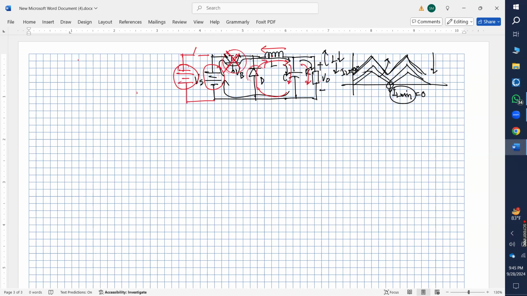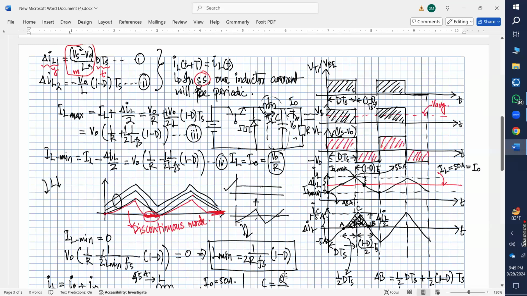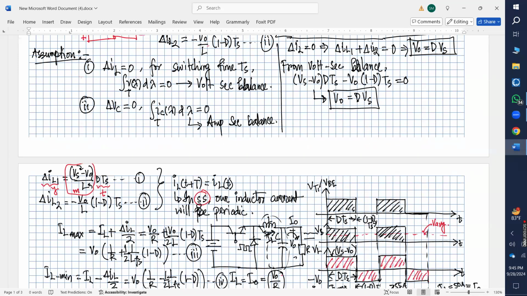Sir, the current through the capacitor is still flowing. Yeah, the current is also entering. In this scenario, you earlier said that the current through the capacitor would be zero. Sir, I said that the average current, if you do the integration of the current with respect to time for one switching period, should equal 0, right?